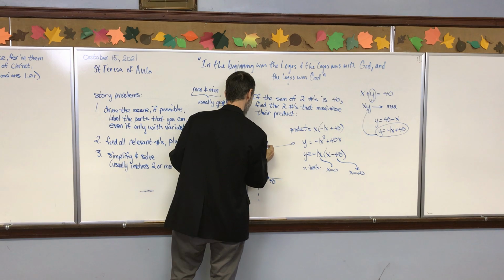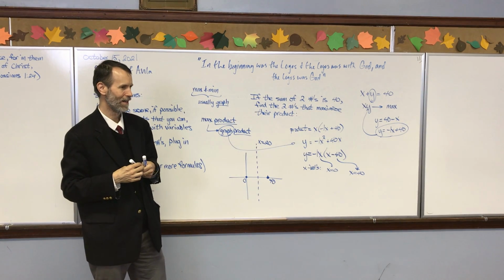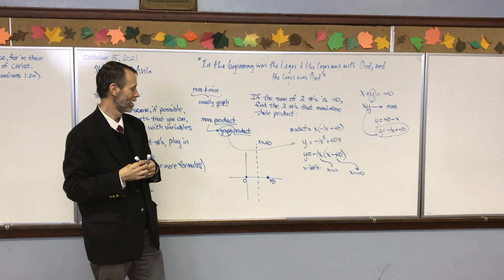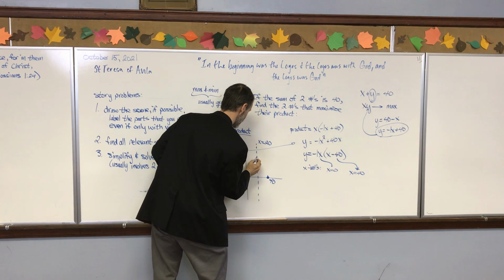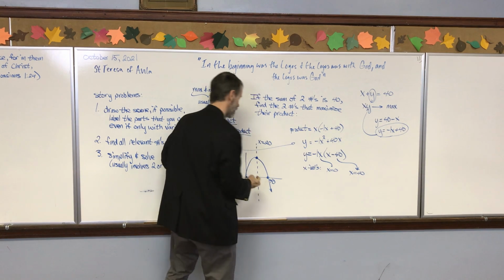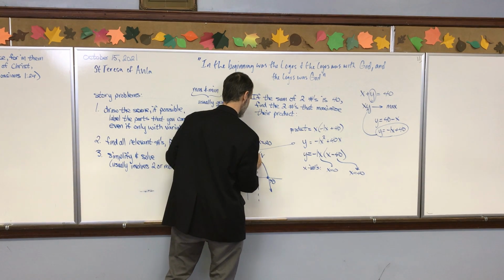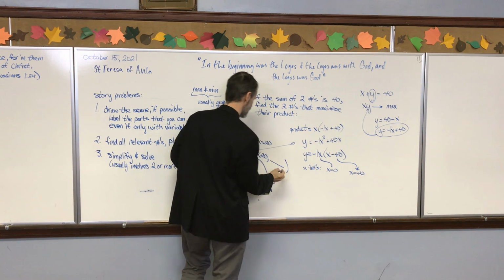So x equals 20. Would the vertex be above or below? It would be above. Yeah, it's going down, so it has to be opening downward from above. So this vertex has to be 20 comma something.